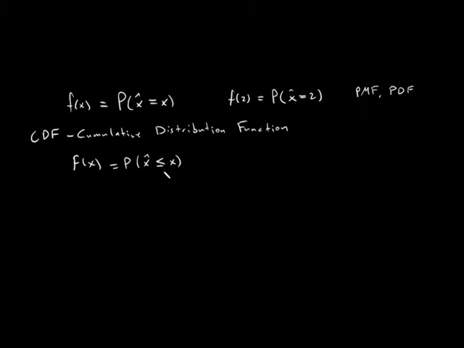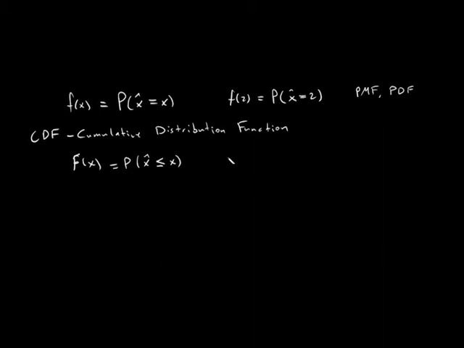Less than or equal to, actually. So if you have a graph, you're taking everything below that. You're taking the area under the graph for continuous random variables, and you're just taking the sum of everything below it for discrete random variables.